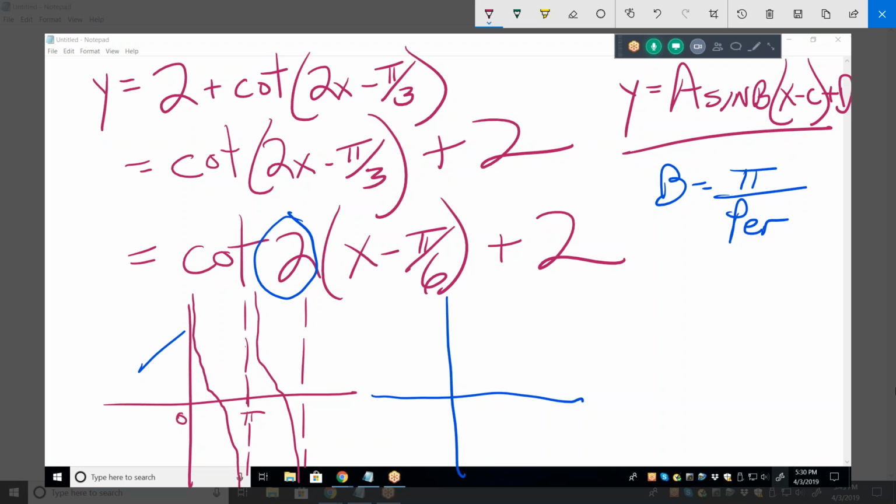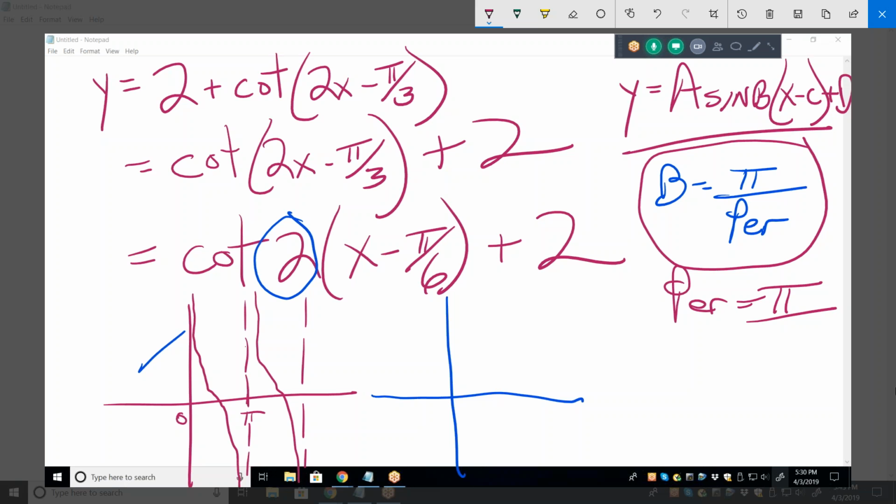Okay? So, if I'm going to use this formula, I know the period is equal to pi over b, and I know b is 2. So the period is pi over 2 in our case.